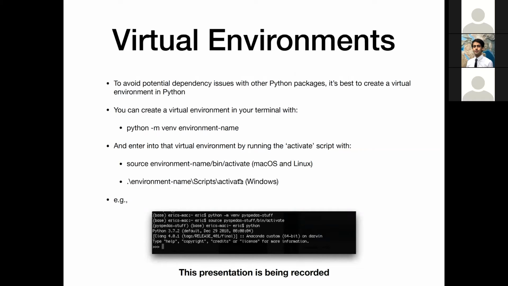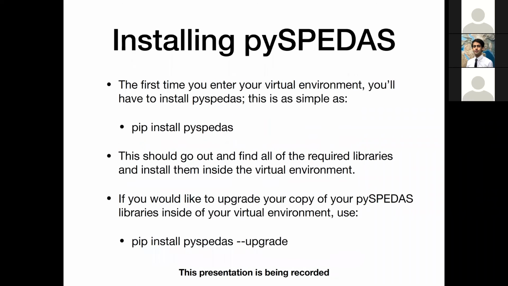And what that does is isolate your dependencies, it creates an isolated environment for you to install pySPEDAS. So once you're in that virtual environment, the first time you enter the virtual environment, you'll have to install pySPEDAS. This is just as simple as pip install pyspedas. And this should go out and find all the required libraries and install them inside the virtual environment.